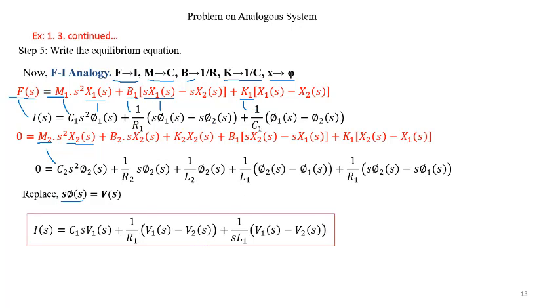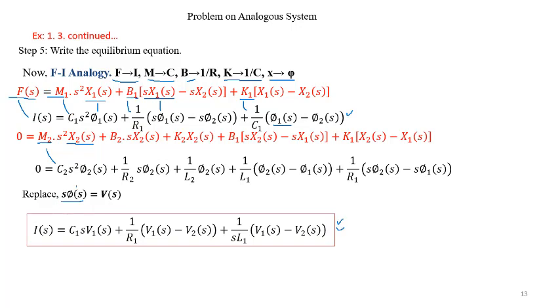Here 1 by c1 is there, phi of s is there, so phi of s is replaced by v of s divided by s. So here also v2 of s divided by s, s common, so it will be 1 divided by s into L1 bracket v1 of s minus v2 of s. This is for this equation. This is related to this equation after replacement.